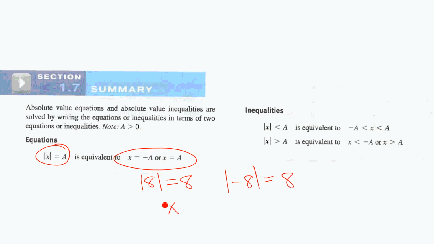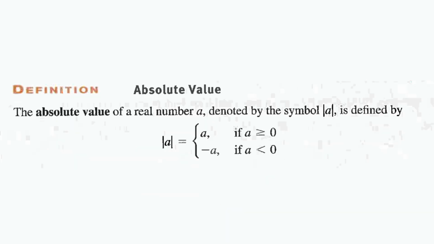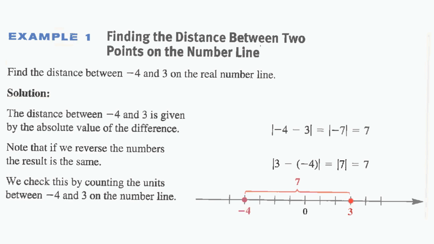If the absolute value of x equals 8, then what was x? x could either be 8 or negative 8, right? The thing on the inside could have been either positive or negative, and we turned it into a positive. All right, so there's that written as a formula. If you want to write that down, you certainly can. But let's keep moving here to the distance on a number line.